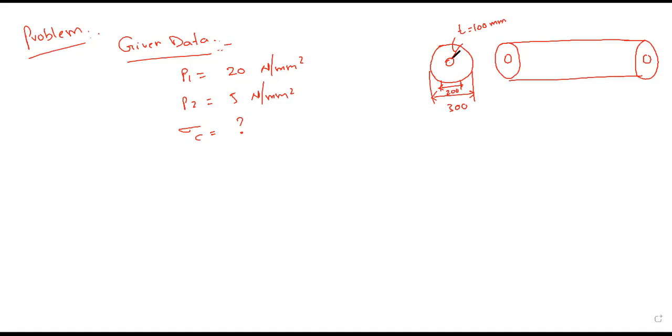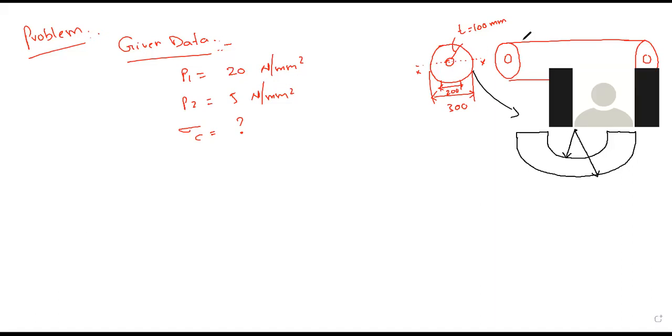So how do we calculate? In this solid thick cylinder, I will cut this section here. Let's cut this section. It will look like this. From the center, what is this radius and what is this radius? 100, sir.